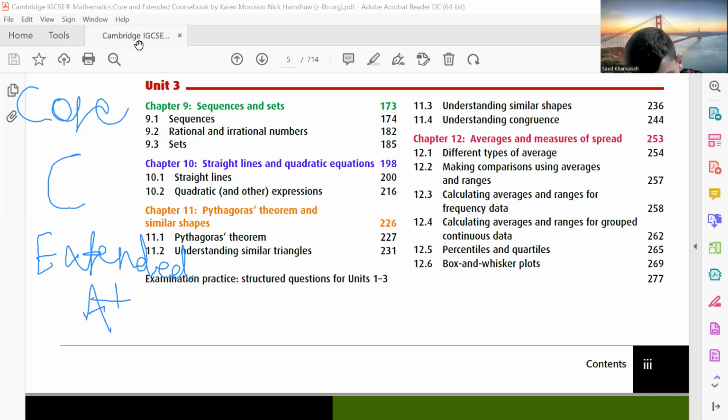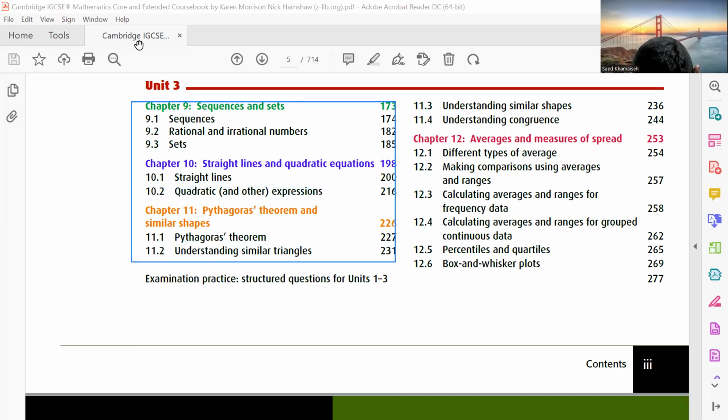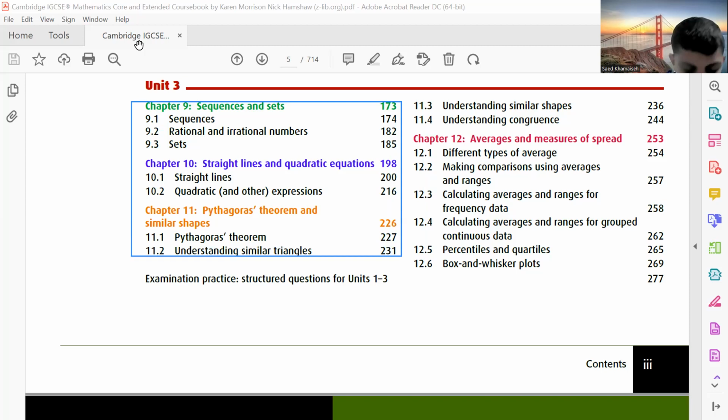That is all. Now we clear all the drawings. In unit 3, we talk about 4 chapters. Here we talk about chapter 9, sequences and sets, and chapter 10, straight line and quadratic equation, chapter 11, figure theorem and similar shapes.